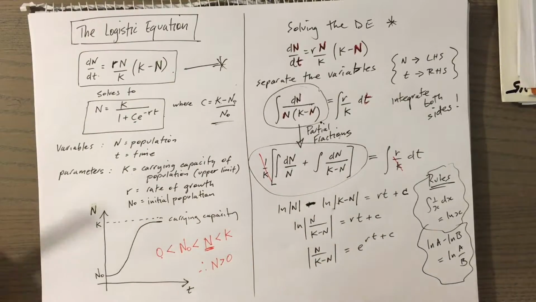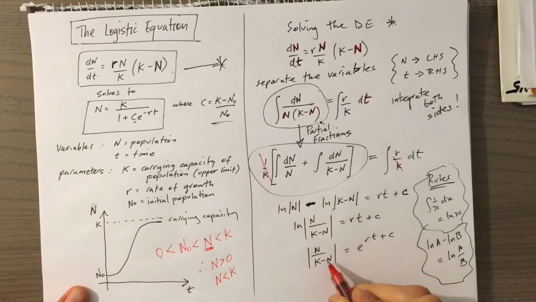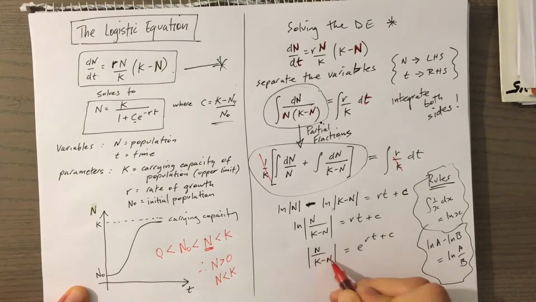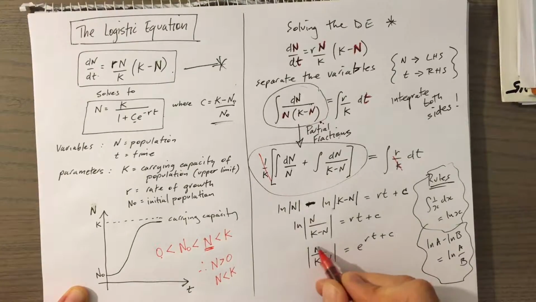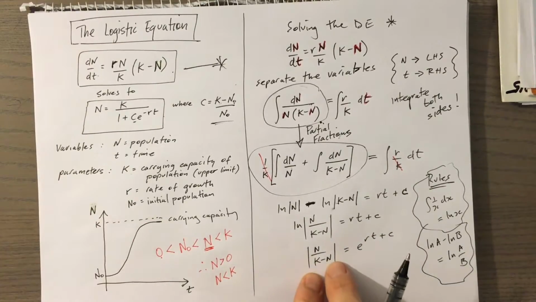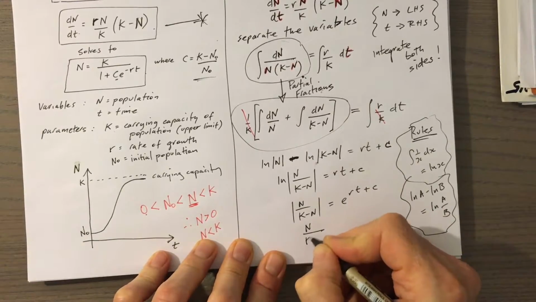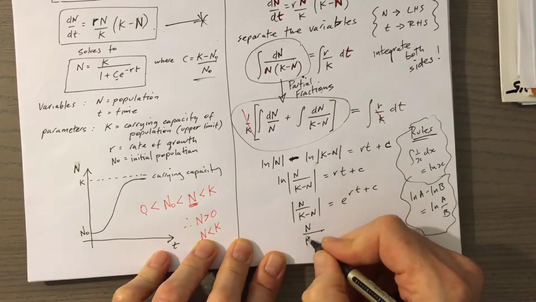With that in mind, and because n is also less than k, if we look at what we have here on the left, whatever values we choose for n, this is always going to be positive, this is always going to be positive, and n is always less than k. Because of that, we know this will always be positive, so we don't need the absolute value symbol surrounding that.